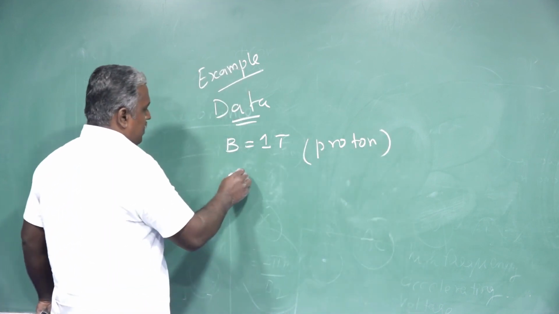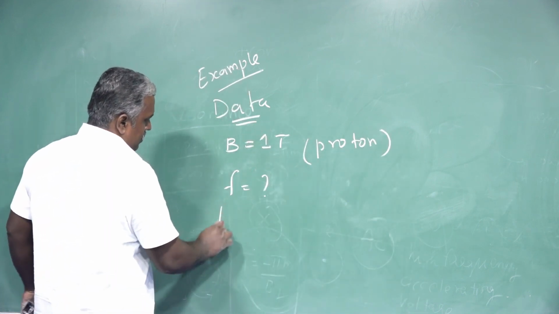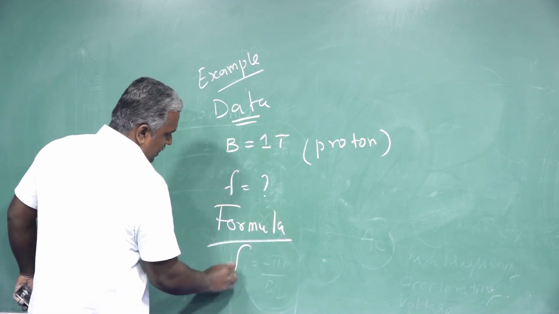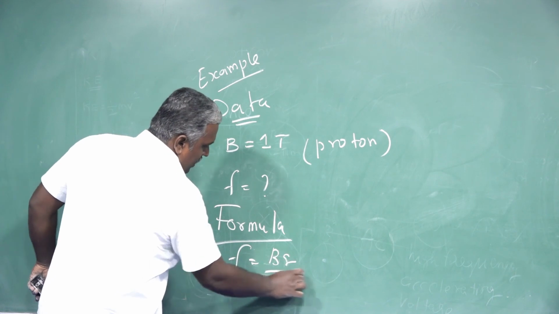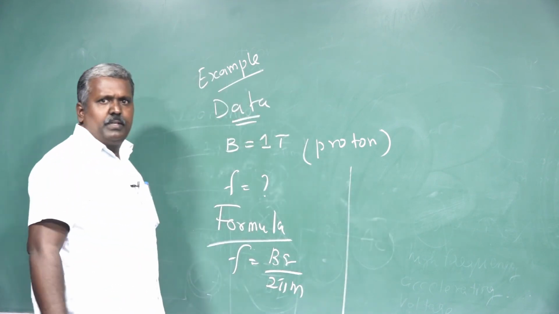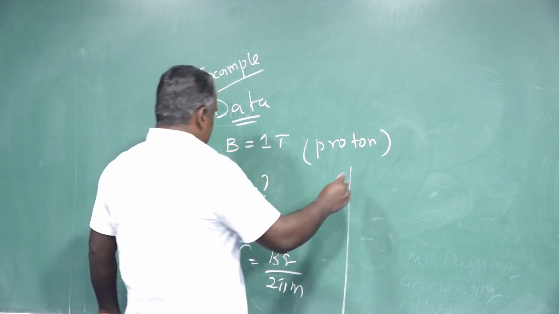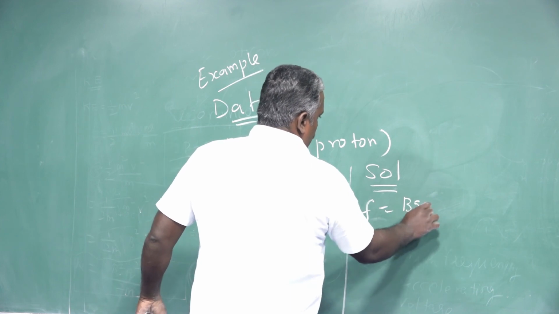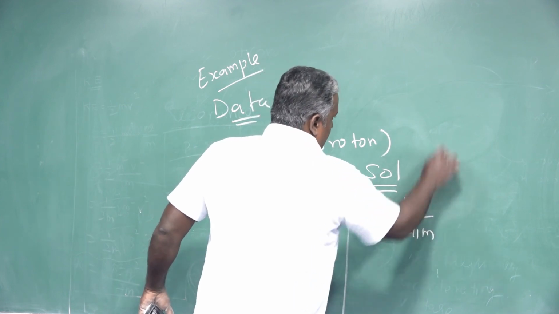Okay, what is the formula? Yeah, f is equal to BQ by 2 pi m. That's all. Okay. Solution: f is equal to BQ by 2 pi m.